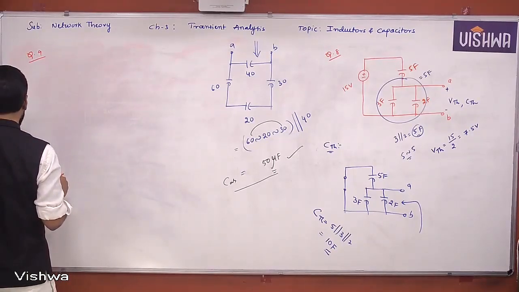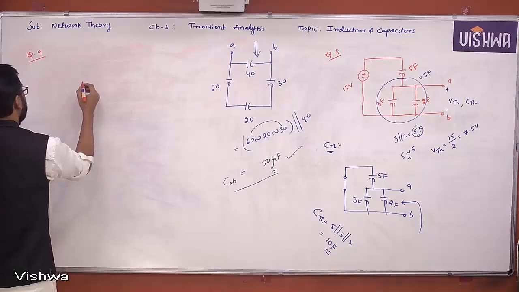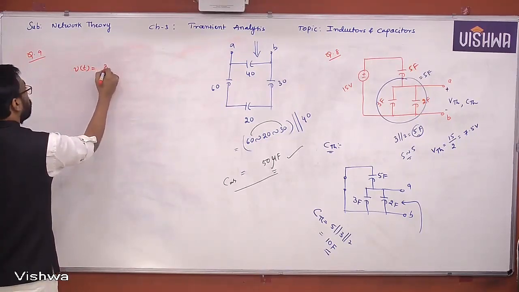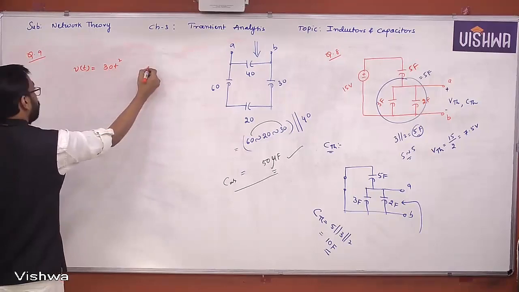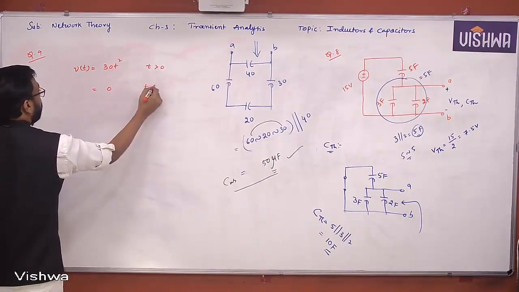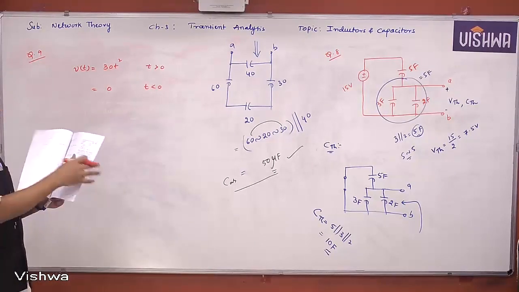So what is the problem given here? Just read out. Find the current through a 5 Henry inductor if the voltage across it is V of t equal to 30t square for t greater than 0, 0 for t less than 0. Okay. Now what is he asking actually here?